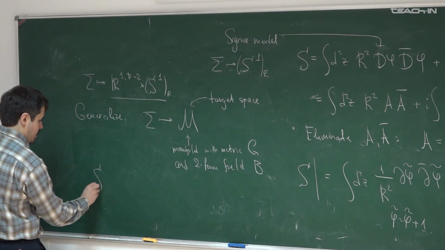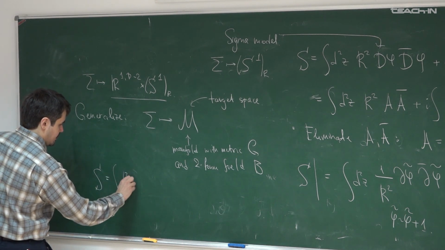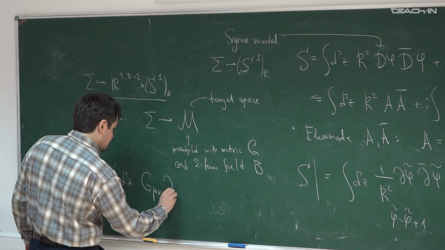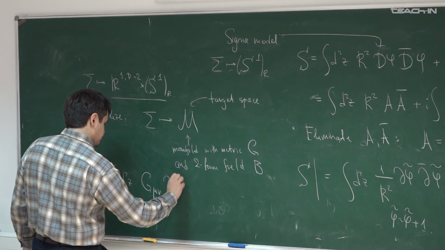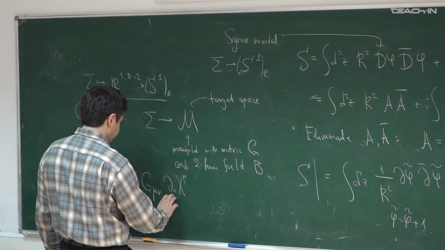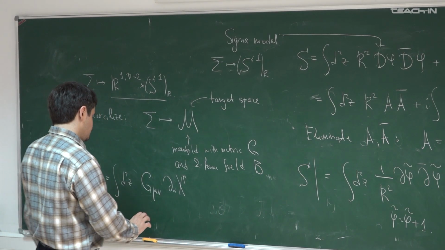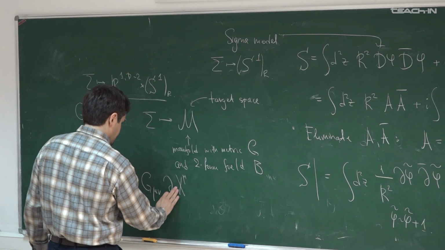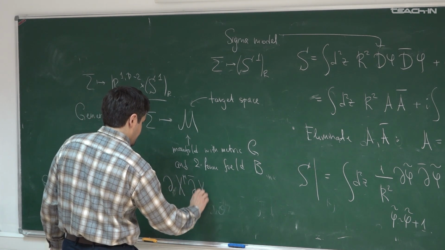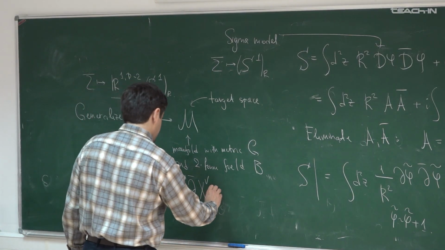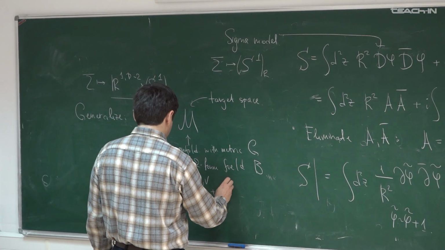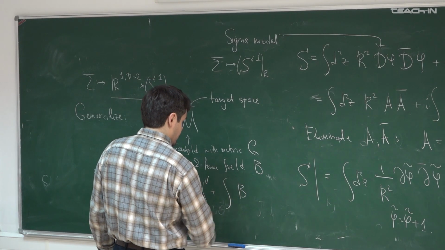Because the action is the integral d^2z, say, G mu nu d alpha x mu, we could say, okay, let's assume this is Euclidean, dx mu d bar x nu, plus some integral over the two-form.